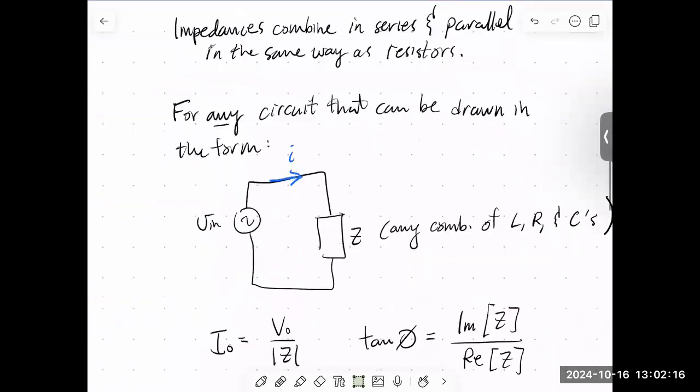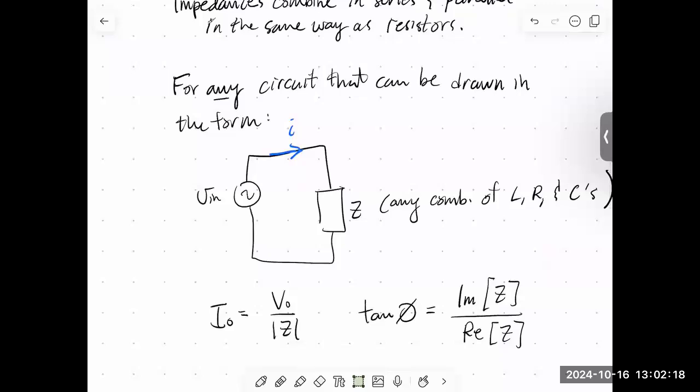And what we ultimately came to realize is that for any circuit that we could write in this form, where we have a function generator providing a sine wave, and then some combination of resistors, capacitors, and inductors, we could represent that entire combination as some net impedance.